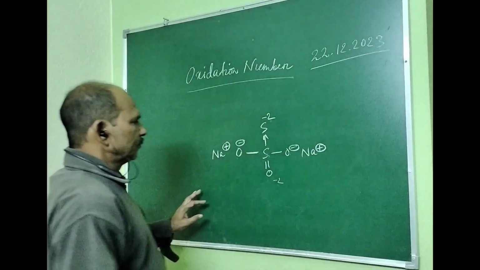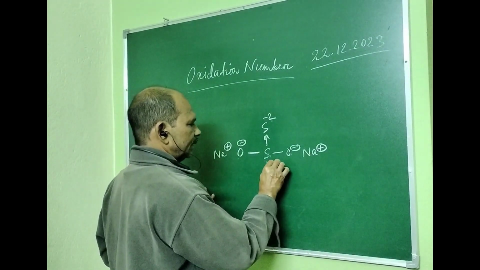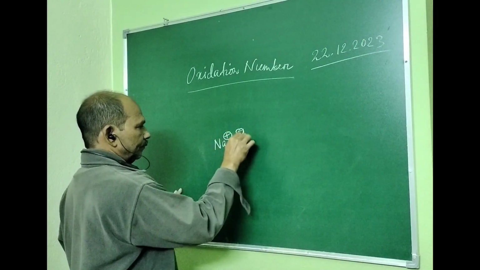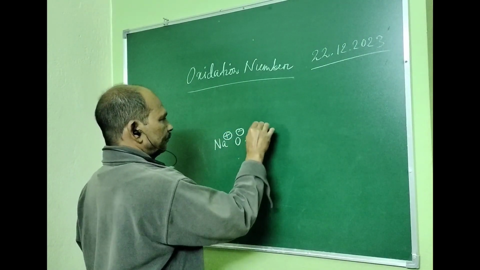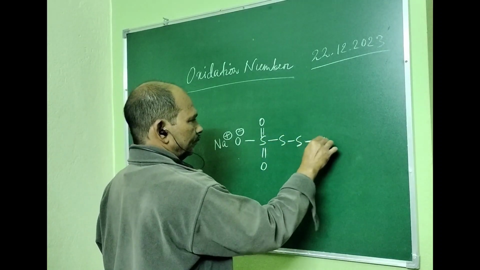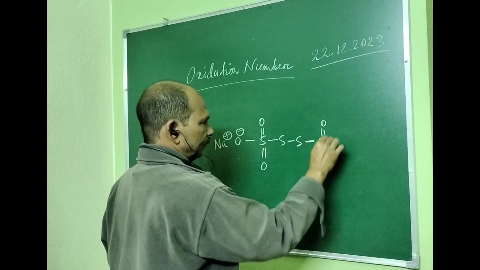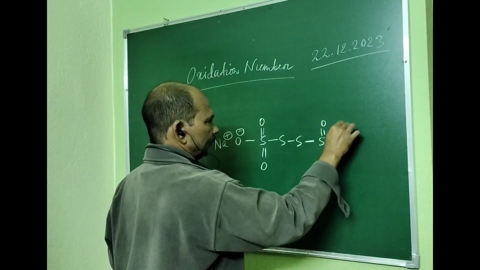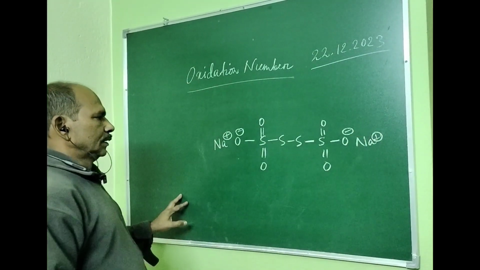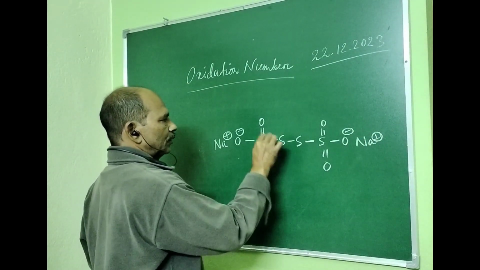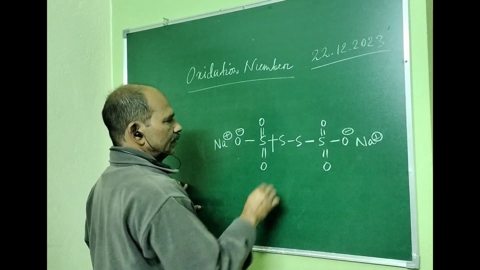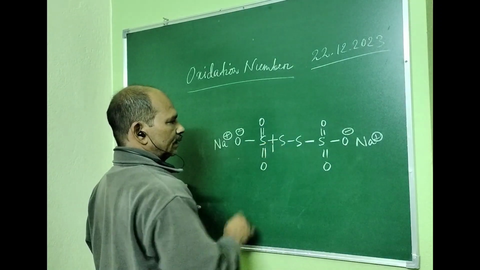The oxidation number of this sulfur is +6. In this case, this bond contributes none to both sulfur because this is a sulfur-sulfur linkage.